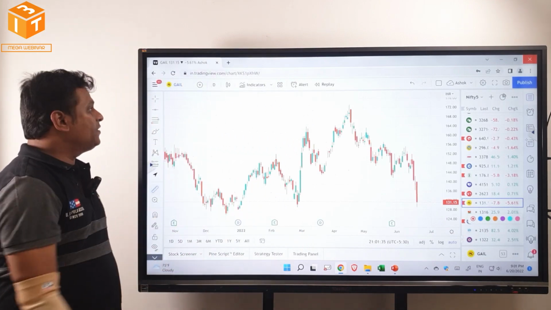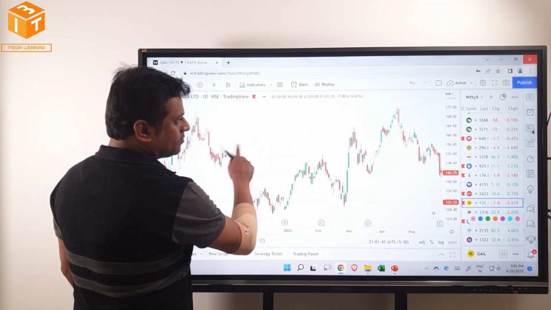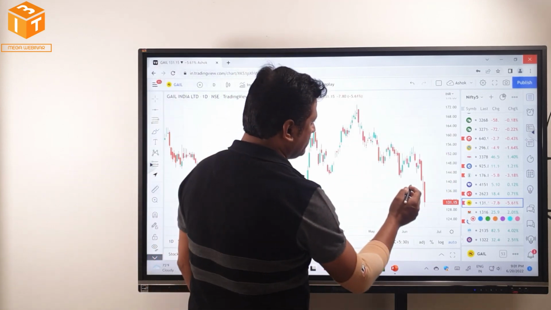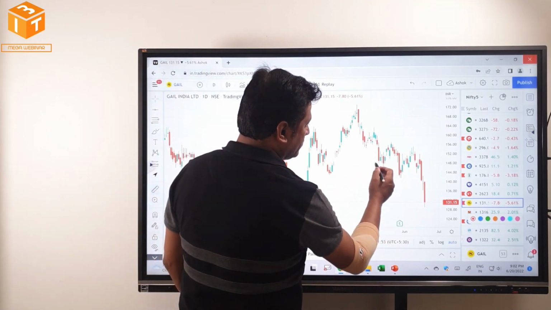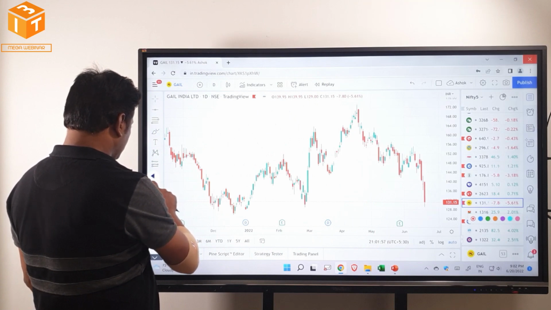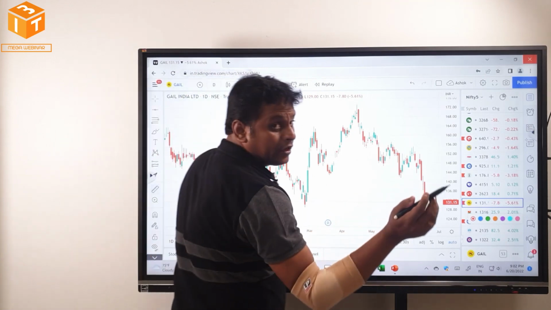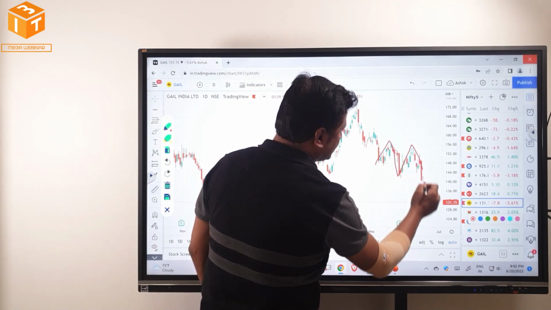Alright, this is an example of Gale. Friends, look at this. Can you make a note of this? This peak and this peak.